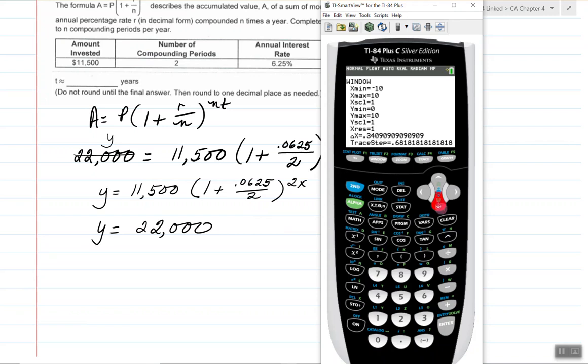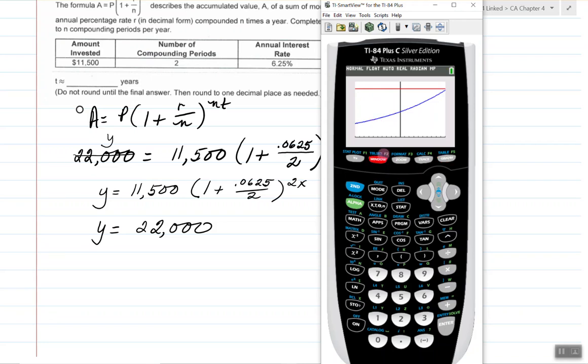Now the y's, it's the money. So let's go -10. That's only so I can see the axis, and we'll go up to 25,000. This side over here is not even relevant. All right, not a very good window.